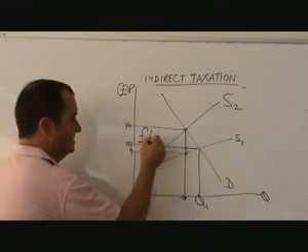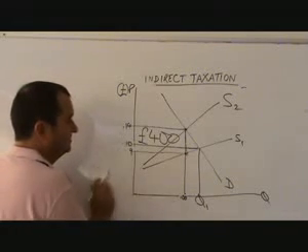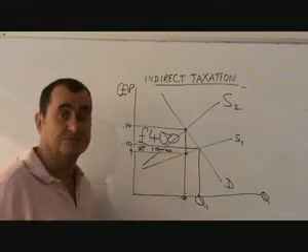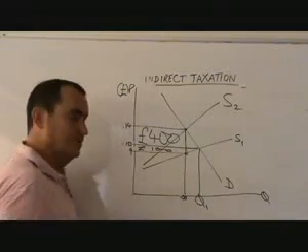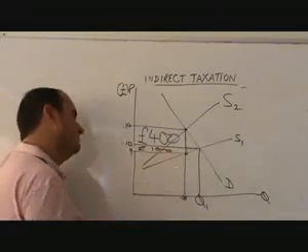But 400 is being paid by the consumers, price rise is 4, and the other 100 is being paid by the producers.